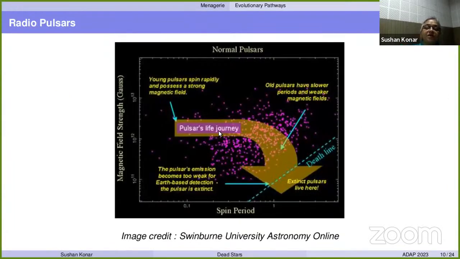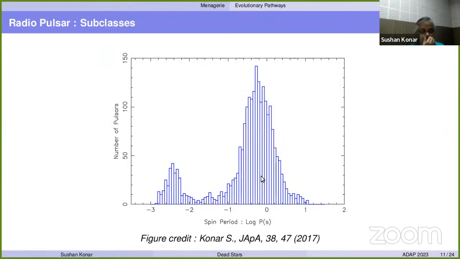These are the pulsars which slow down, cross the death line, and become dead pulsars, which we do not see. Okay. Now if that was the only thing that was happening, we should have had a bunch of radio pulsars and then they slow down and go away.